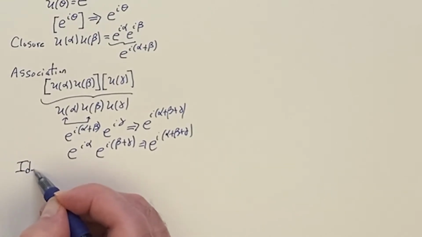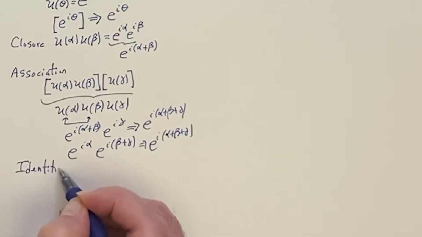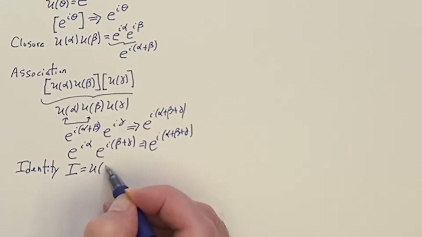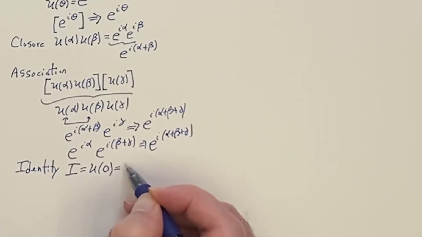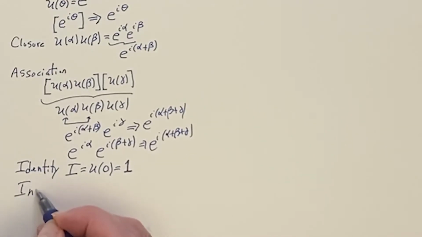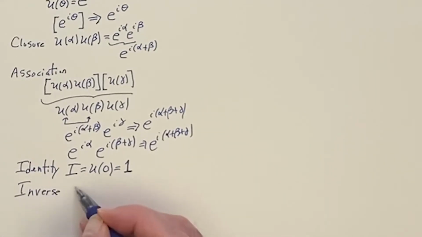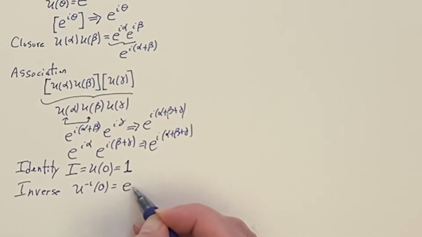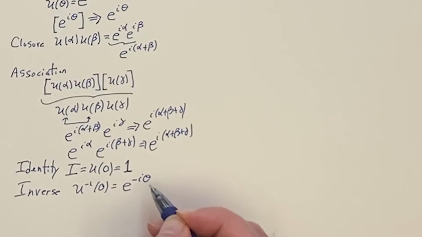Is there an identity? Well, I claim the identity would be U with the angle 0, because then you would have e to the 0 as 1, and that wouldn't change the element. And then for inverse, the inverse would be to take e to the minus I theta.